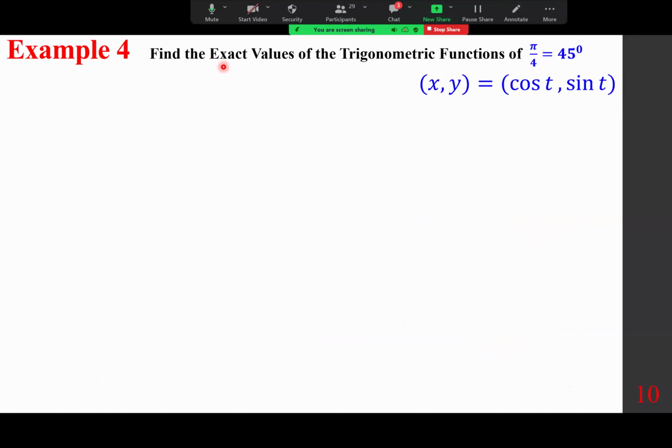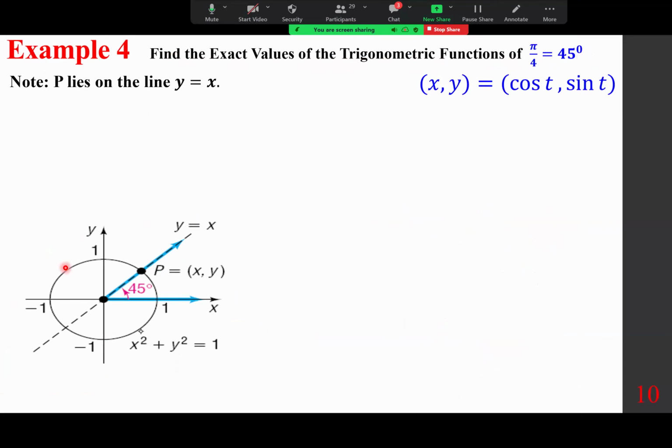There's also a bunch of common arcs. So we want to find the exact values of the trigonometric functions of pi over 4 or 45 degrees. Here's the methodology.